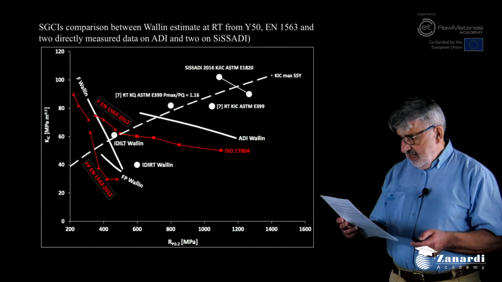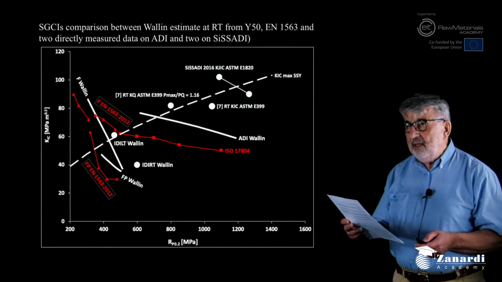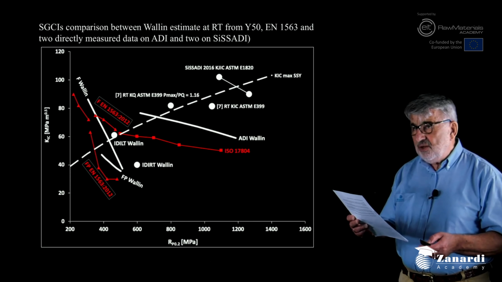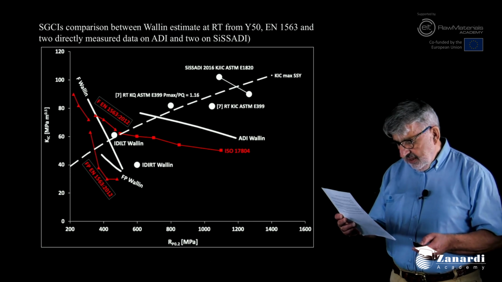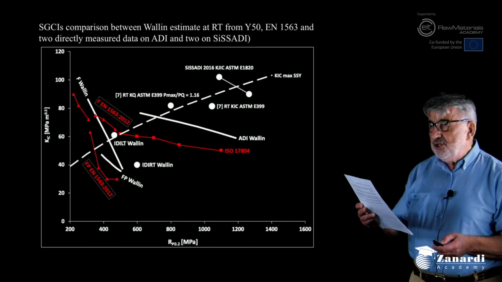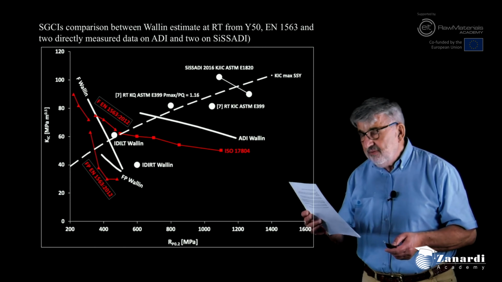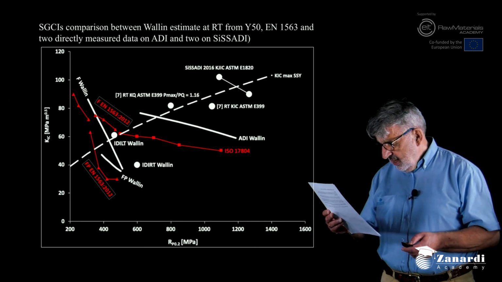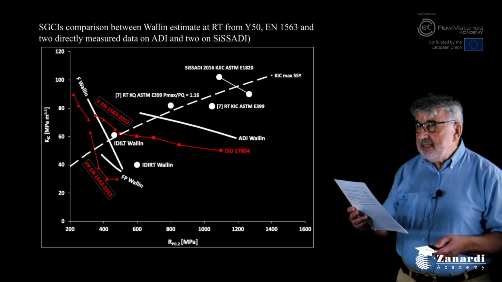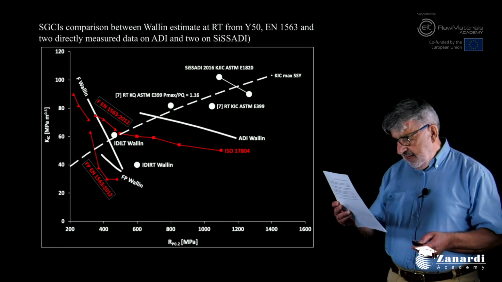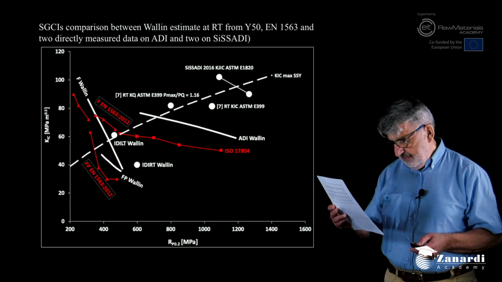For ADI, ISO 17804 and ADI Wallin show a parallel trend. ISO 17804 is more conservative than the ADI converted with the Wallin equation, and this in turn is more conservative than the directly measured data. As from the Wallin approach, some ductile tearing toughness could be available only in the lowest ADI grades.